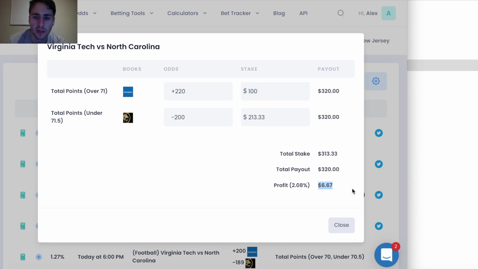This shows you in the arbitrage calculator your risk-free profit, 2.08%. Depending on your bankroll, you can size this up or down. $10 is just a really easy number to work with, but you can bet more, less, whatever. So $10, and then the arbitrage calculator tells us to bet $21.33 on BetMGM.